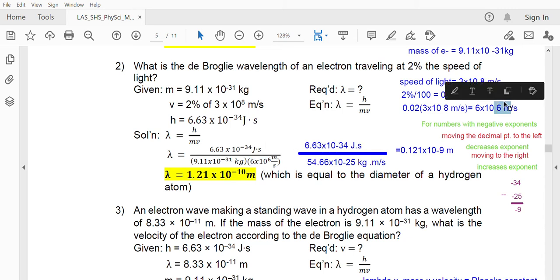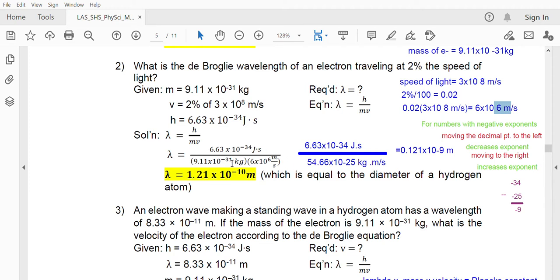We copy the Planck's constant in the numerator, and we will multiply the coefficient 9.11 times 6. The answer is 54.66. And when we multiply numbers with exponents, the exponents are added.